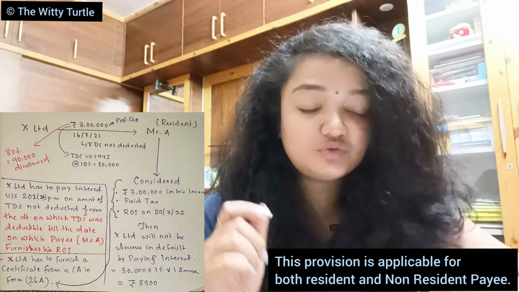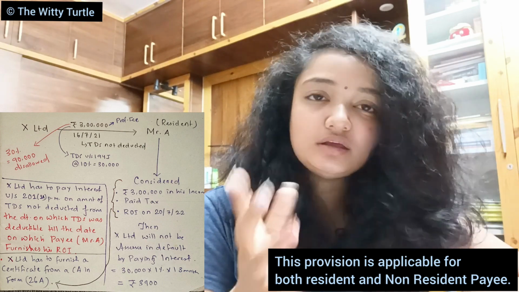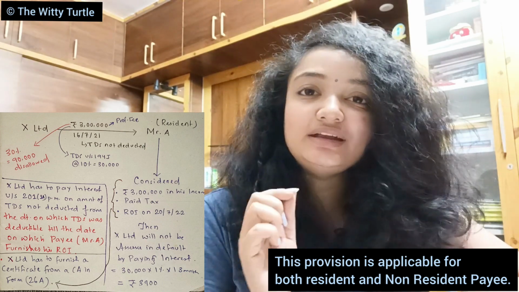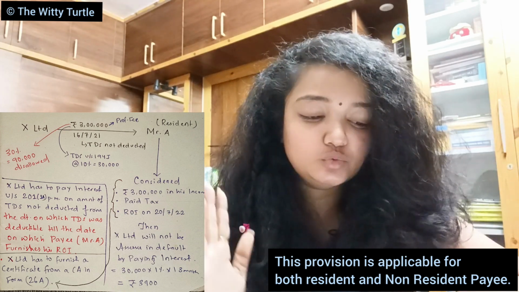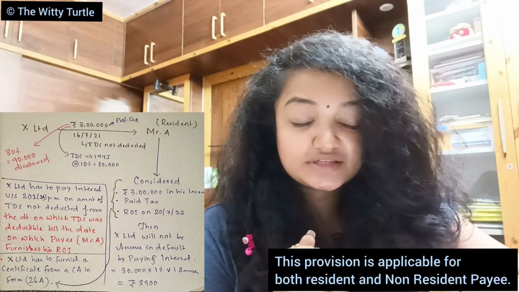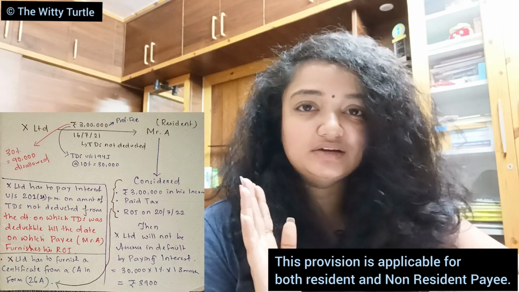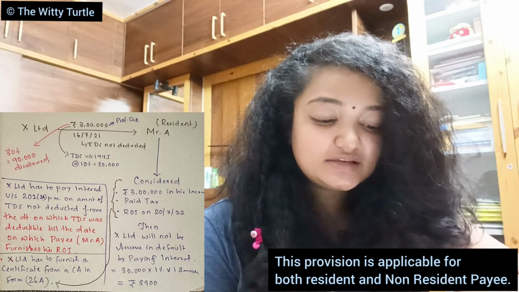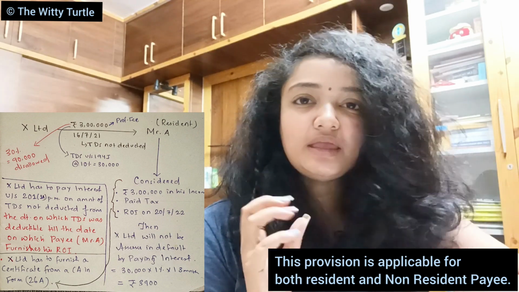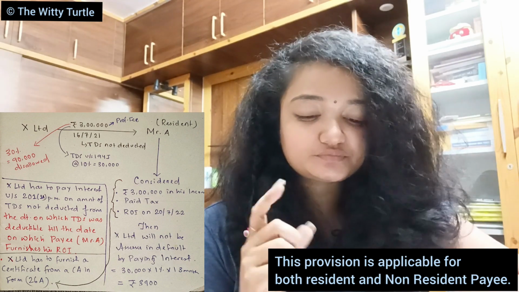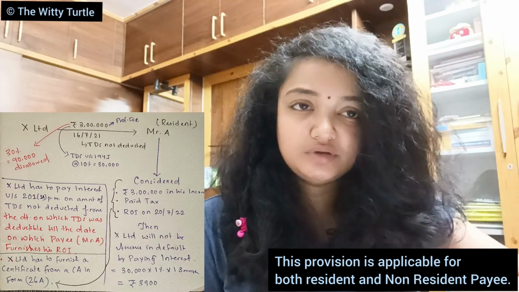He pays tax on 3 lakh also, and he files his return of income on 20th July 2022, right? So in this case, X Limited will not be considered the SSE in default by paying a certain amount of interest, right? Now let's read the provision for this, and after that we will come to the interest amount.